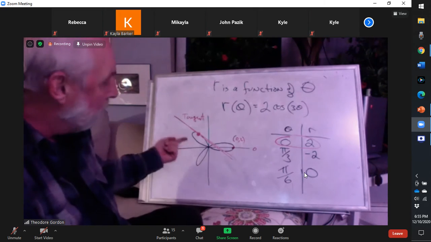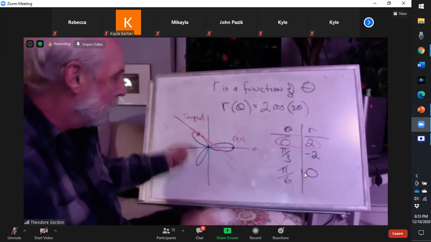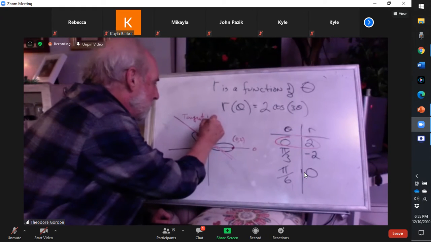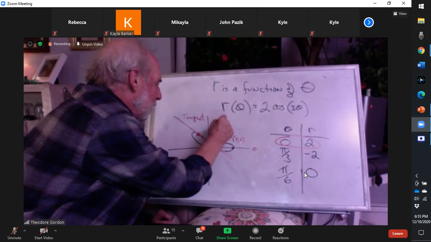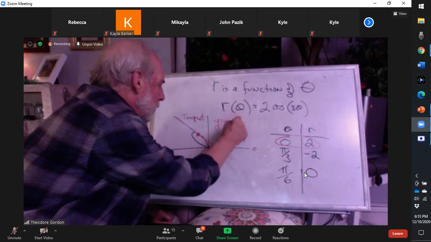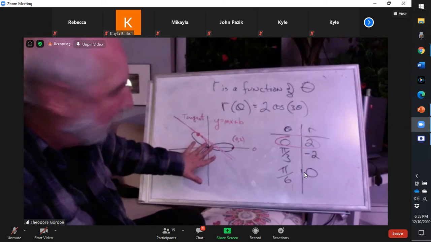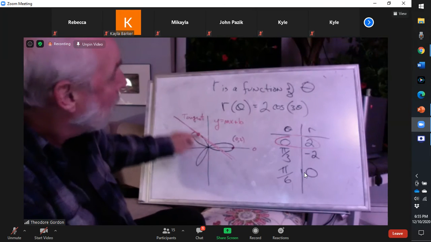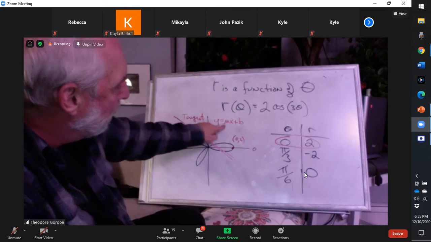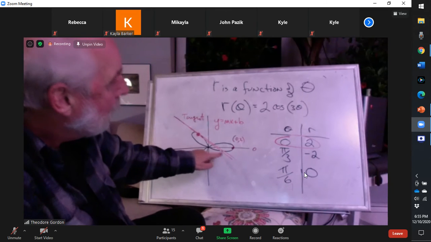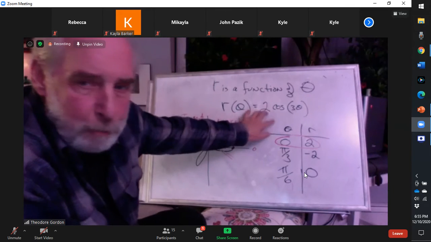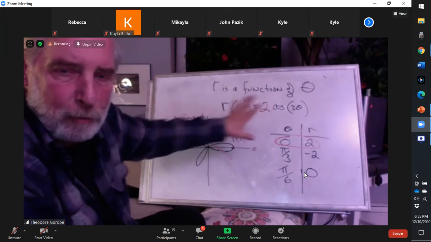Yeah, a derivative gives us the slope of the tangent line. But the equation of the tangent line is y equals mx plus b, because we're still on the rectangular coordinate system. So we have to come up with the equation of the tangent line, and that requires some converting from polar to rectangular and back and forth.